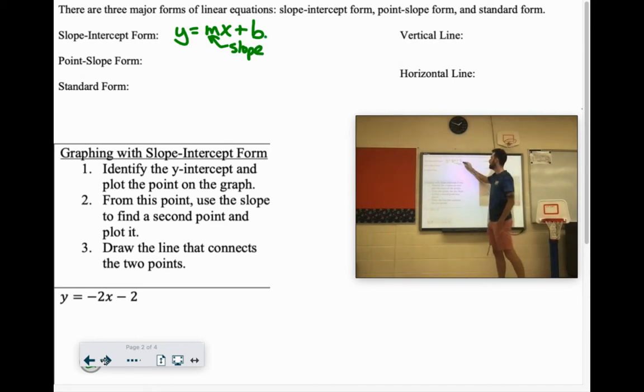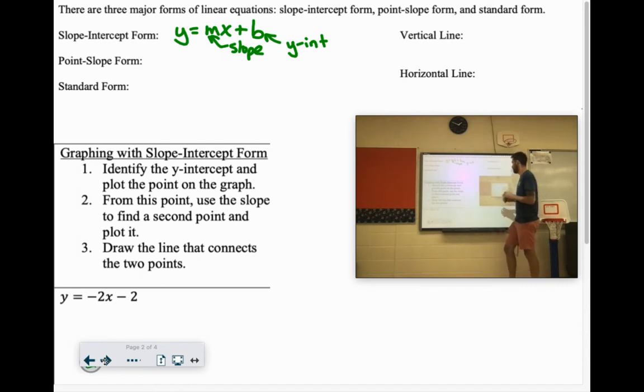And then b is the y-intercept. Now, to me, I'm like slope, there's not even an m in there. Y-intercept doesn't have a b in either of those words. But to help me remember, b, the y-intercept, is where we begin. And then m, the slope, is how we move to the next point. So we'll get back to that.